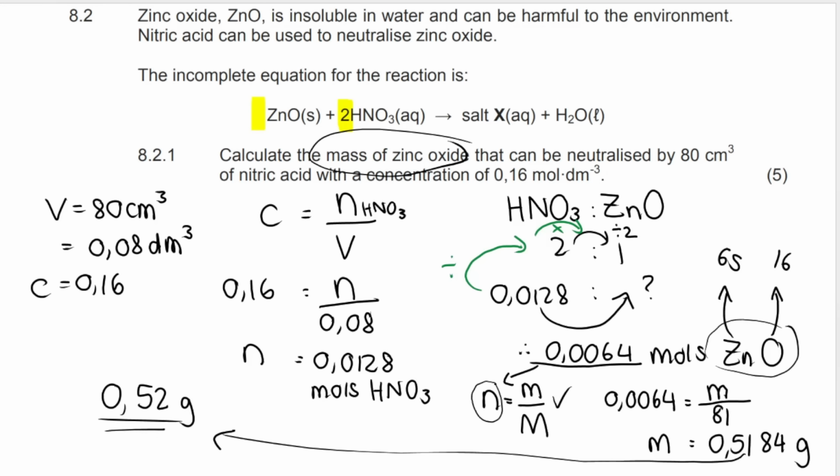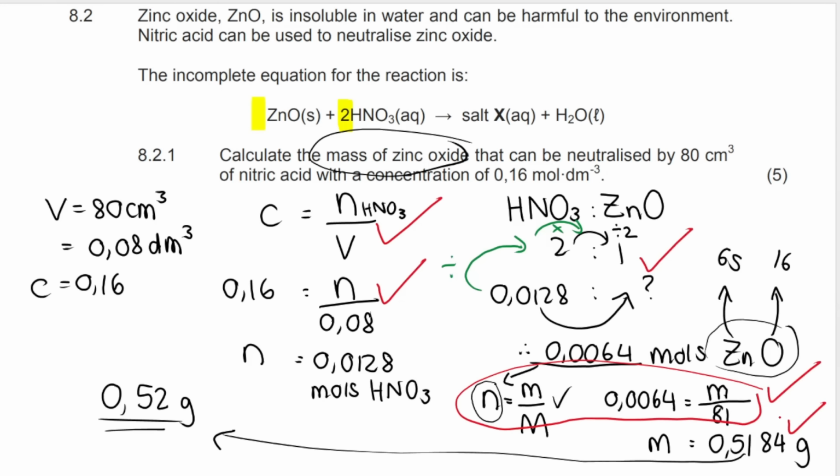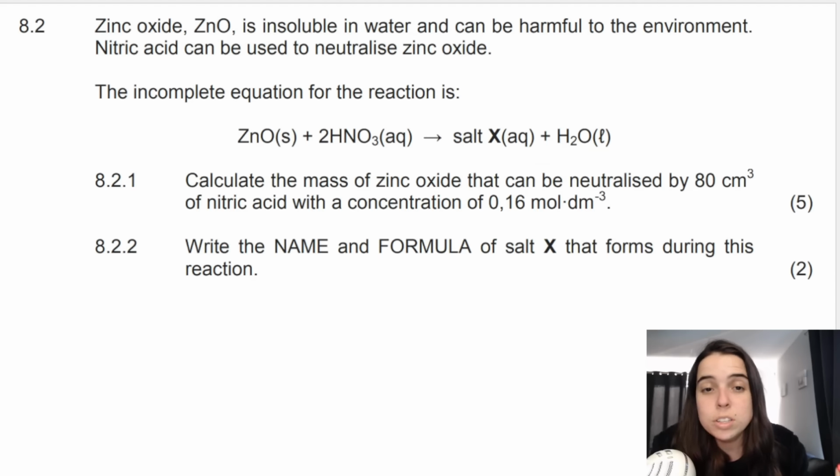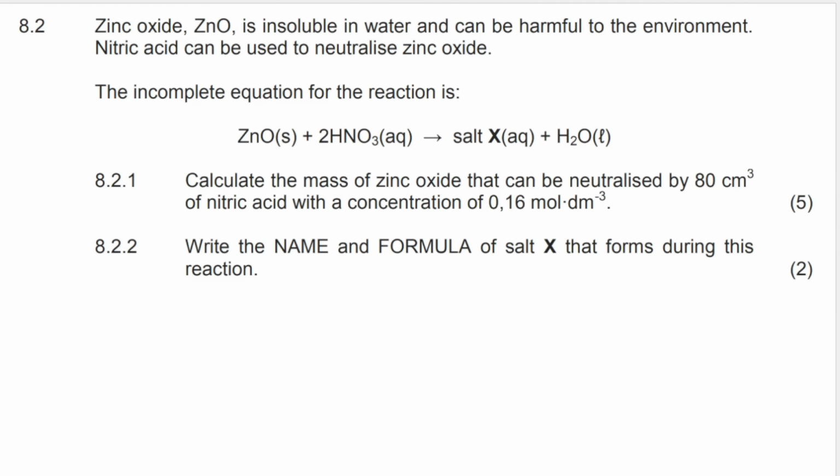Now, where do you get your marks for this? Well, in this question, you get your marks for formula, substitution, using your mole ratio correctly, and your answer with units. In order to write down the name and formula of salt X that forms during this reaction, I just want to remind you that this is an acid reacting with a metal oxide.